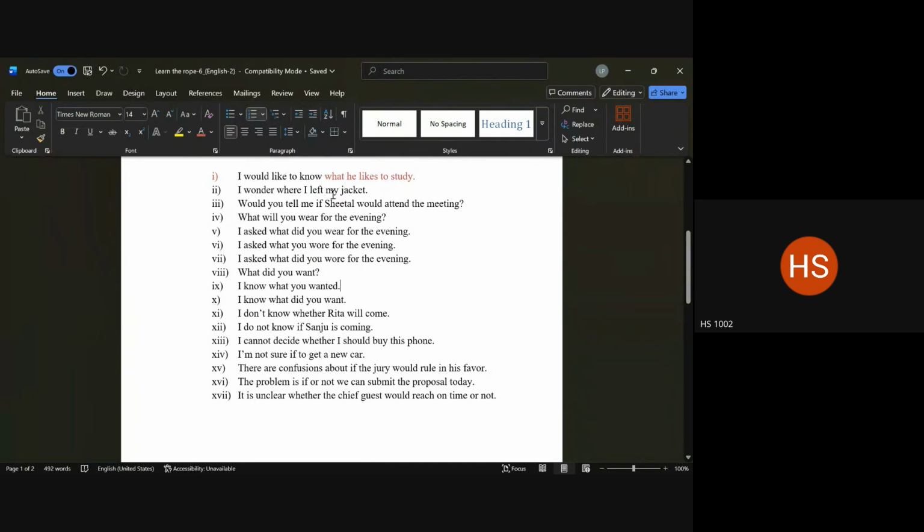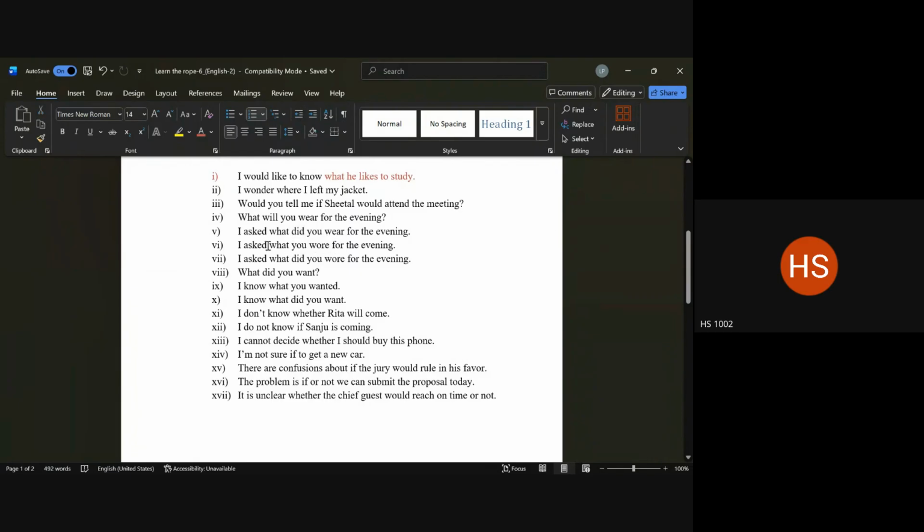Now, the reason is in question clauses, you cannot have the tense and the verb separated from each other, at least in this case. What is the problem here? You have the verb wear, and then you have the past tense marker did. This shouldn't be separate from each other in the case of a question clause.